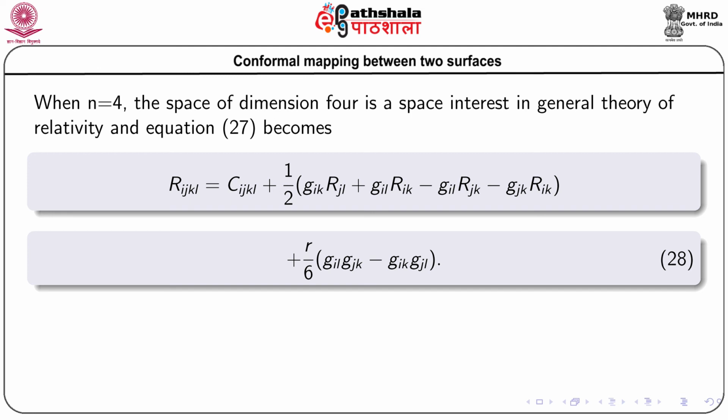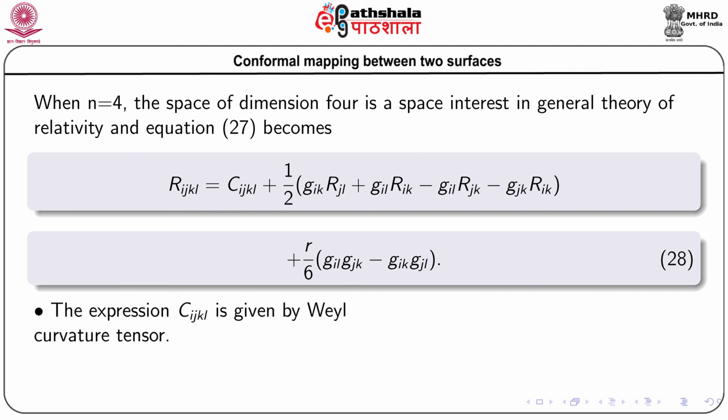So, for n equals 4 we get this relation between conformal curvature tensor and the Riemann curvature tensor. Now, this expression C i j k l is given by Weyl, and so it is called Weyl conformal curvature tensor.